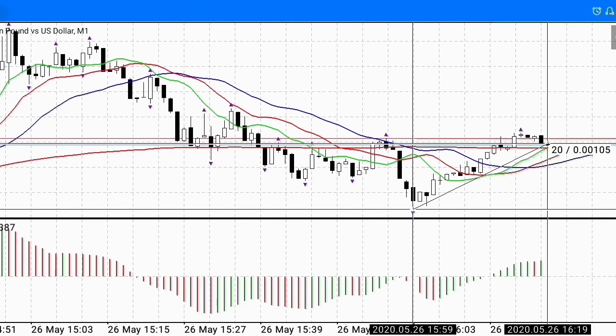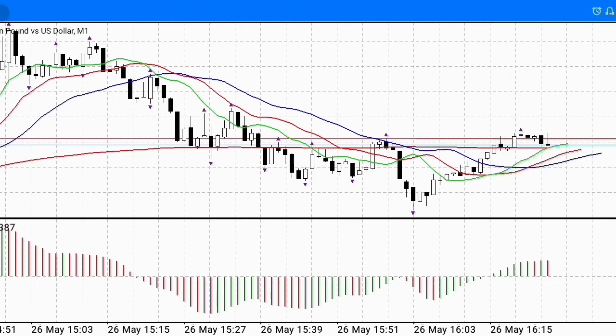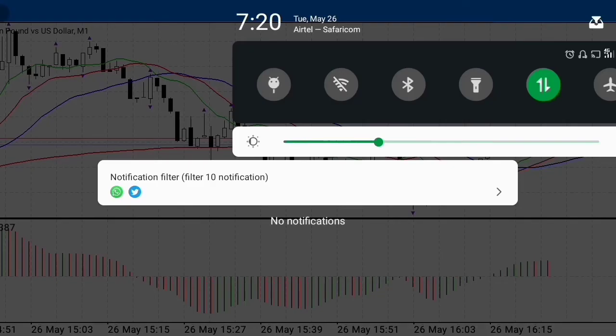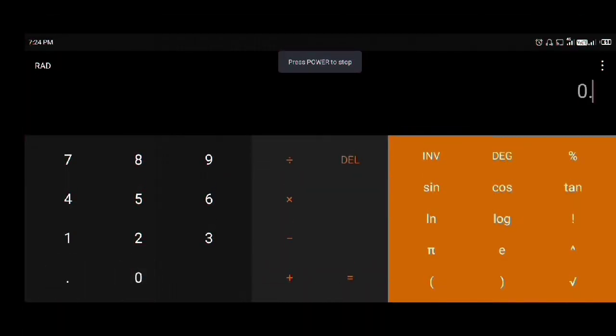I'm going to be showing you using a calculator just how simple it is and why you need to be doing this often enough. So guys, I'm gonna be doing this right now, and we're gonna see. This is what I'm talking about. You can see it's really simple and just straightforward. So you're gonna take the number of lots that you've bought. For me, it's 0.01.